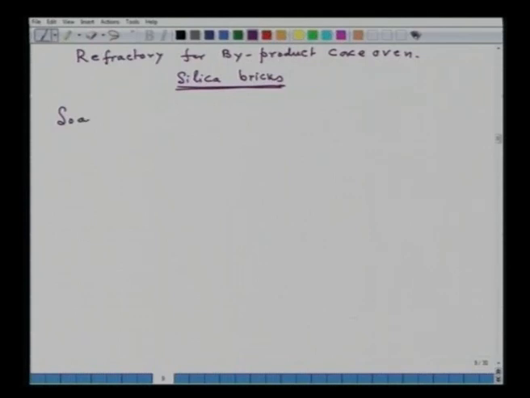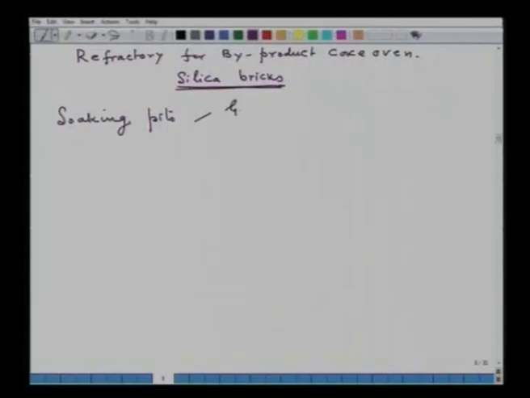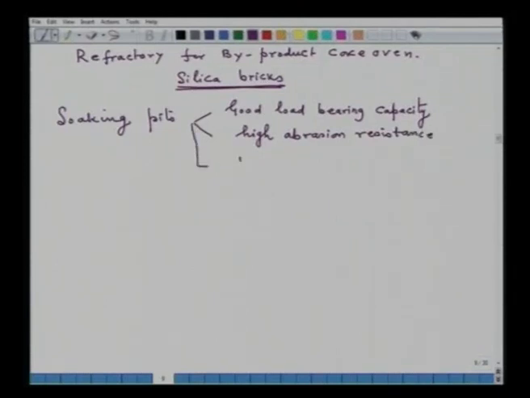Soaking pits. Soaking pits are furnaces which are used to heat the material below the melting point, and the refractory material should have good load bearing capacity, high abrasion resistance, and resistance to FeO attack, because during heating some iron may oxidize and accordingly FeO may form.